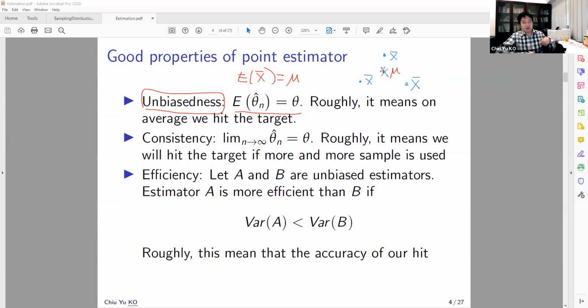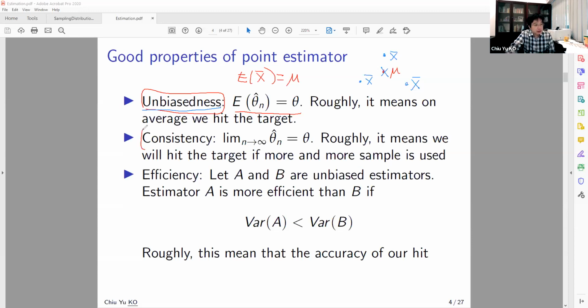It means that if, hypothetically, we repeat this process many times, the average of those will meet the target, but it doesn't mean each one itself meets the target. This is just hypothetical. But unbiasedness is something that we usually hope to have. Sometimes it's hard, but it's something we want to have.